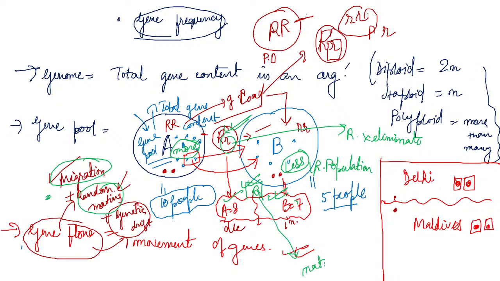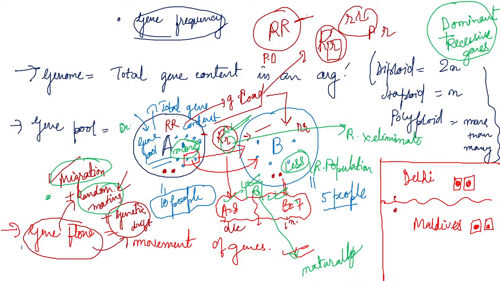When we see a natural population, we will get the dominant genes, plus we also will get the recessive genes. There will be no population which only contains the dominant ones or only the recessive ones.